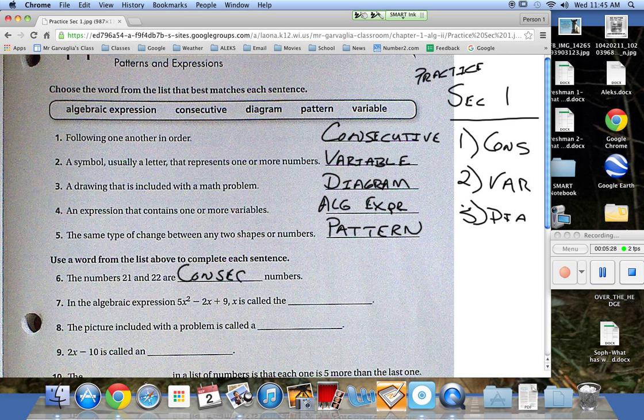It's called the what? Variable. Brad, the picture included with a problem is called a diagram. Fletcher, 2x minus 10 is called an algebraic expression.